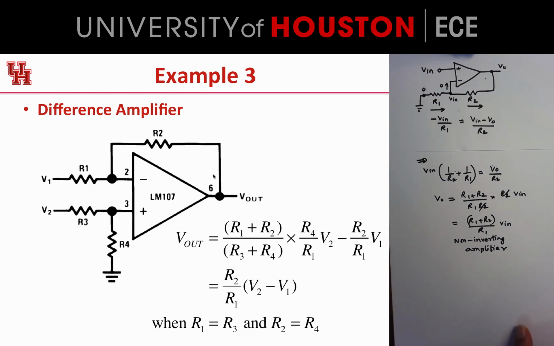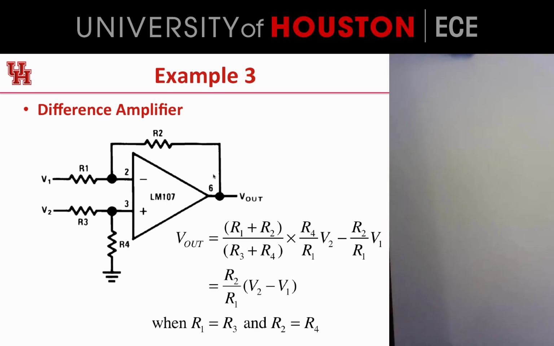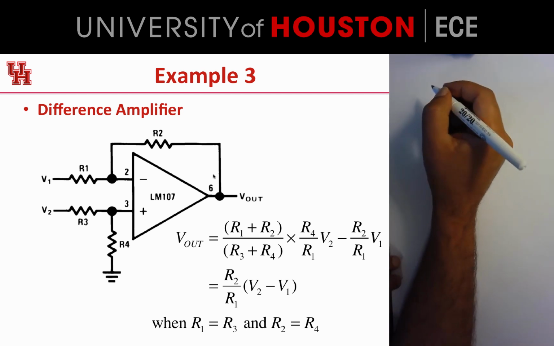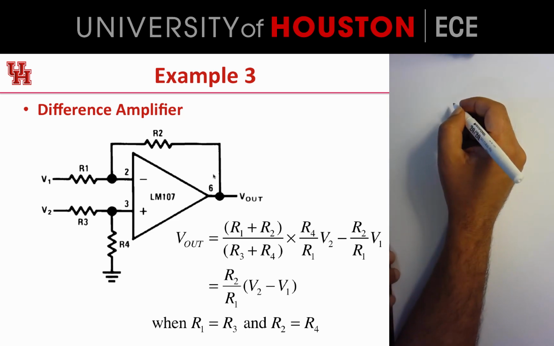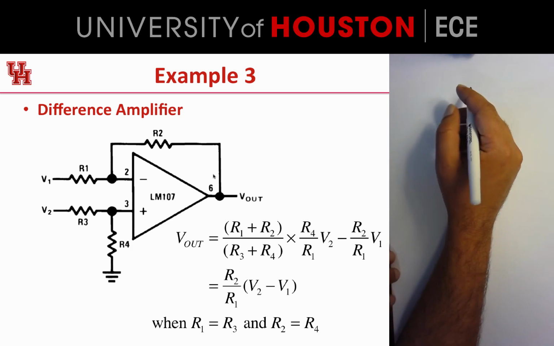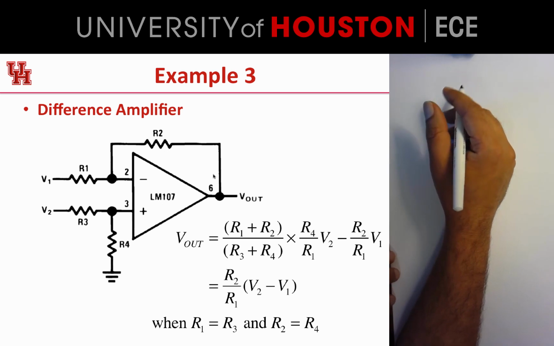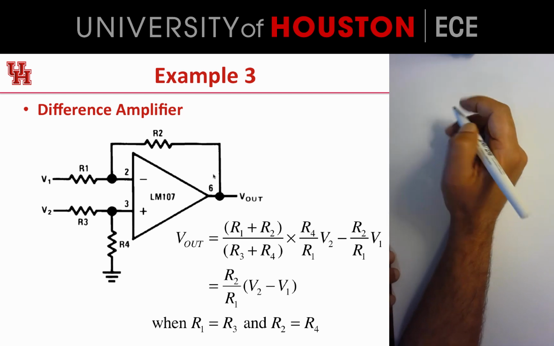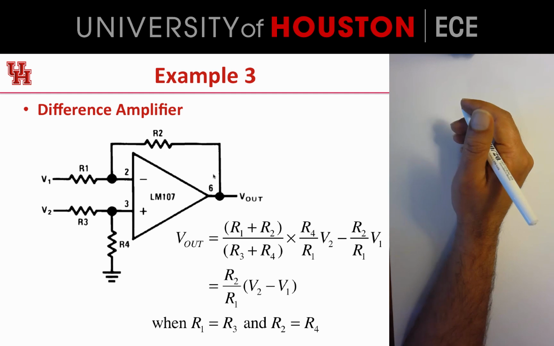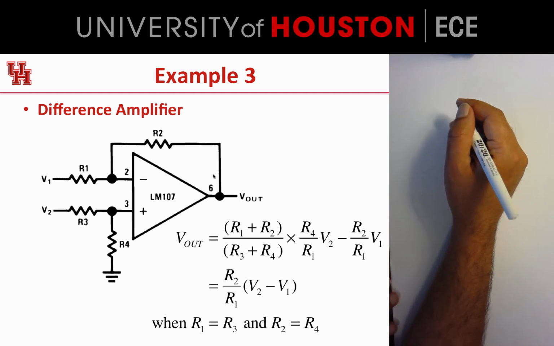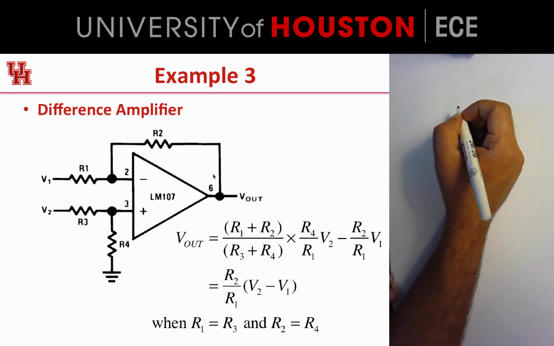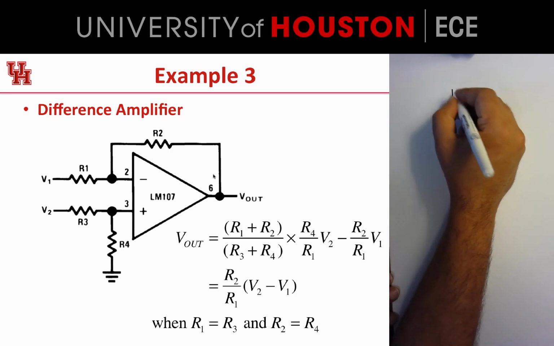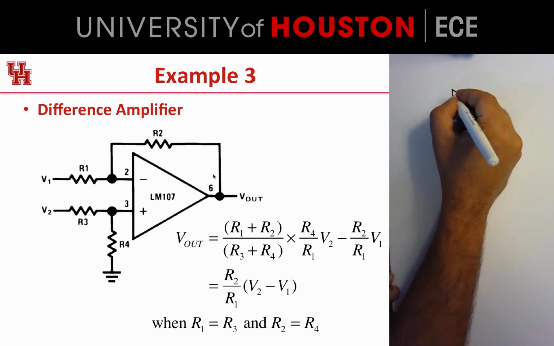The next example is a bit of a combination of the earlier two examples, and we call it the differential or the difference amplifier. The idea is to see if we can build a precise difference amplifier. Remember the op-amp is a difference amplifier, but it's not precise because the amplification factor is not tightly controllable. So with the difference amplifier, we've got a circuit that looks like this.